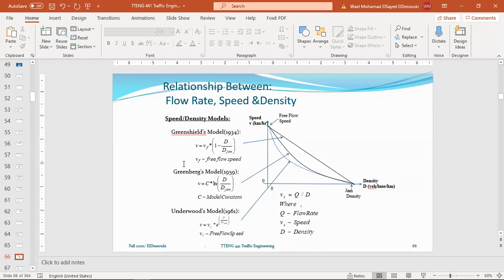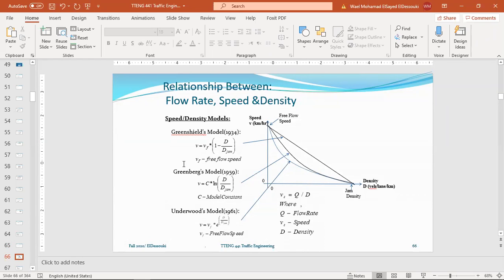Then the more density we have, the traffic stream will start slowing down until we get to the jam density. The jam density is where the traffic stream becomes almost a parking lot. So that was a linear relationship.